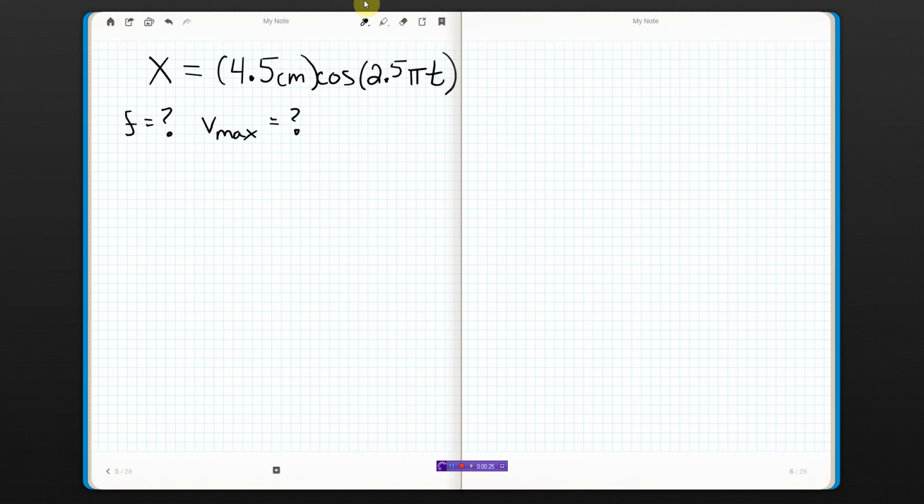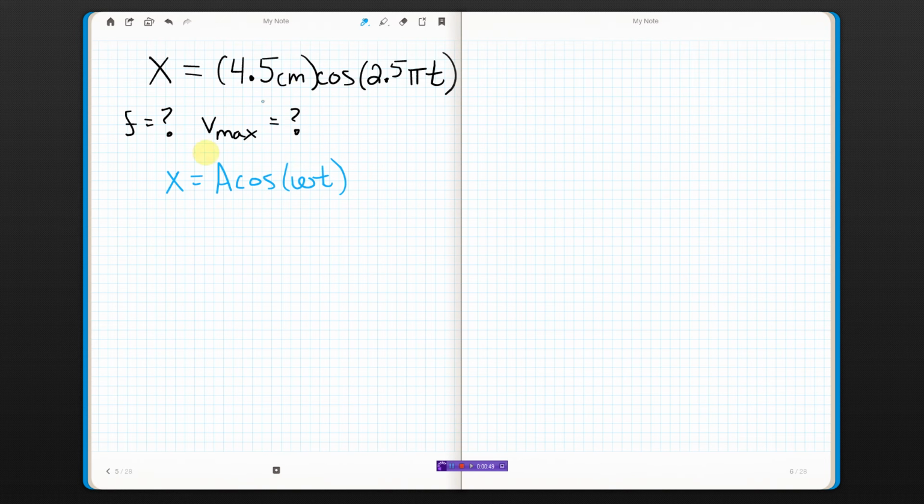Okay, so frequency first. Well, the general form of something undergoing simple harmonic motion for position as a function of time is x equals amplitude cosine angular frequency times time, like this. So we can pull what we want out of here.